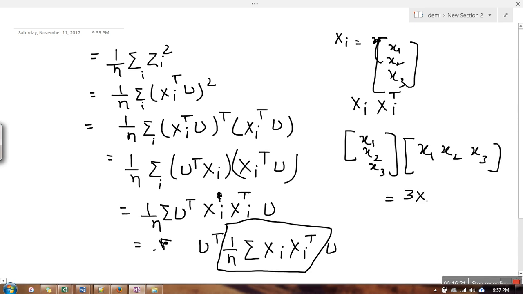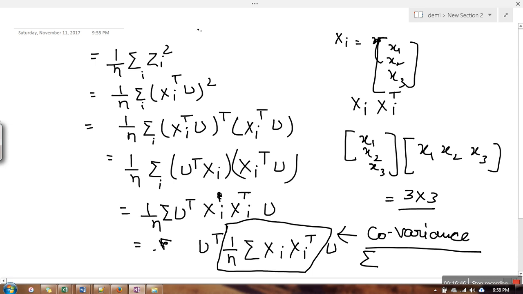What we will get is a 3 by 3 matrix, and this is the summation of all of those matrices divided by n. So this is actually a covariance matrix, and the covariance matrix we can denote with the summation sign.